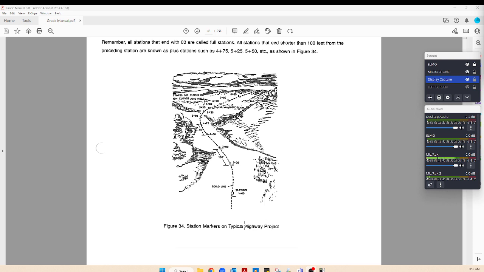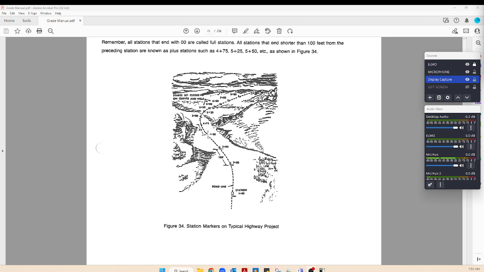Typical highway plan. Right here, we're starting at 1. This is station 1 plus 00, right here. 100 feet down is 2 plus 00, and then 3 plus 00, and then 4 plus 00.